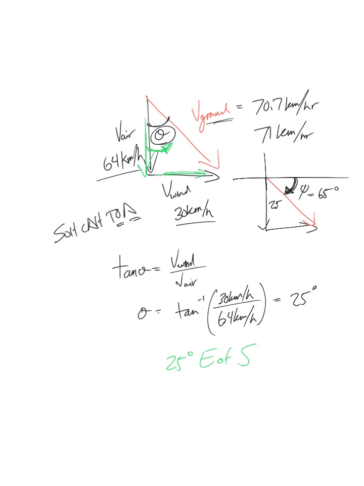And if I want to use 65 degrees, I would have to write 65 degrees south of east, because I've taken the east direction and I've gone down towards the south direction. So that's how you specify that. It's 65 degrees south of east, or 25 degrees east of south.